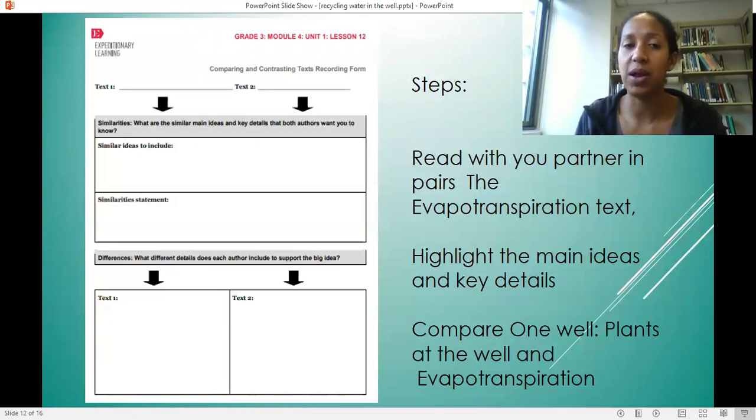I will give them about 20 minutes to complete the task, and I will bring them back to the meeting area to share some of the ideas and similarities in the task.